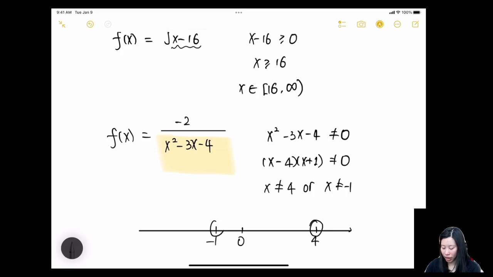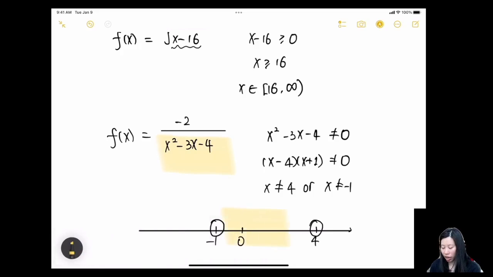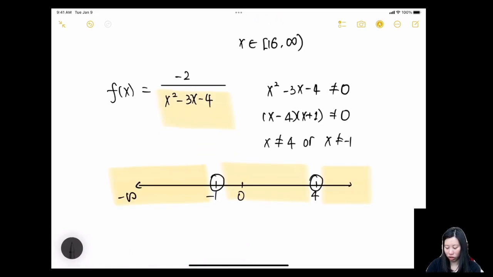These two values x cannot equal, that's why it's an empty circle. Other than that, x can equal the left part, the middle part, and the right part.